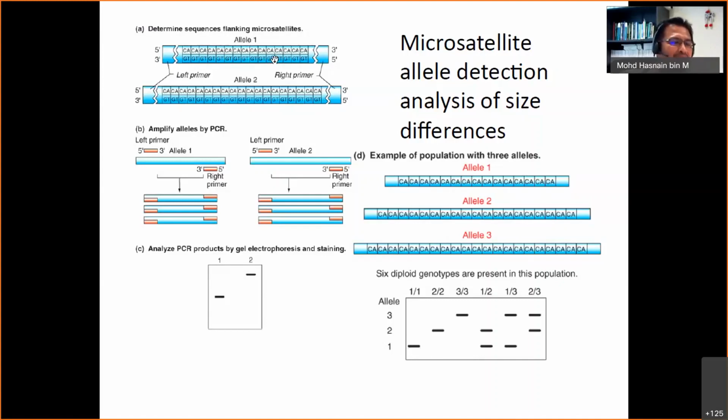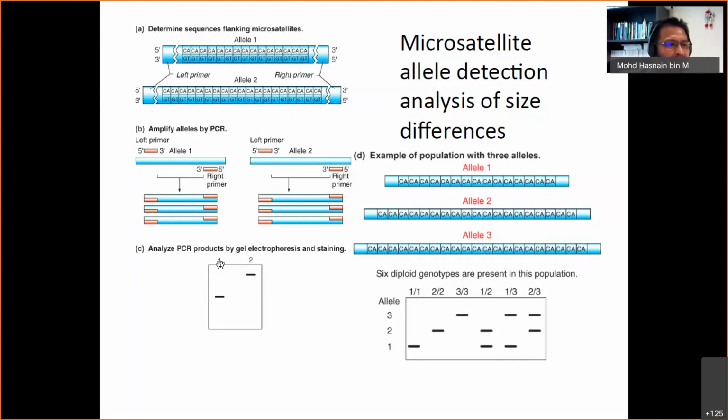So coming back to this, okay, you have an individual, for example, an individual with allele 1 and allele 2. When you do PCR, you will amplify this, and you will amplify this. You will have amplification of allele 1, many copies.